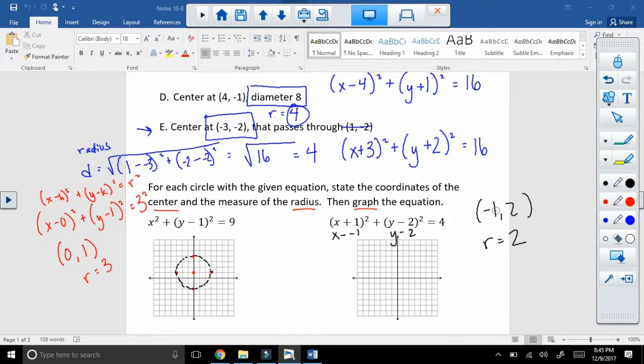So I'm going to go to the center point, -1, 2, and if the radius is 2, I'm going to go 2 up, 2 to the right, 2 below, and 2 to the left. And again, I'm just going to do my best to sketch in that circle. This is just a sketch. If I had a compass, or if I could use the circle tool on here and have it line up right, that would be much better.